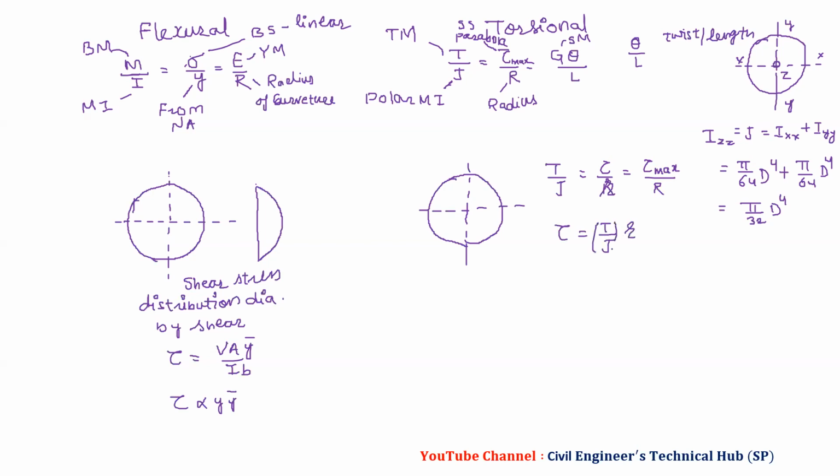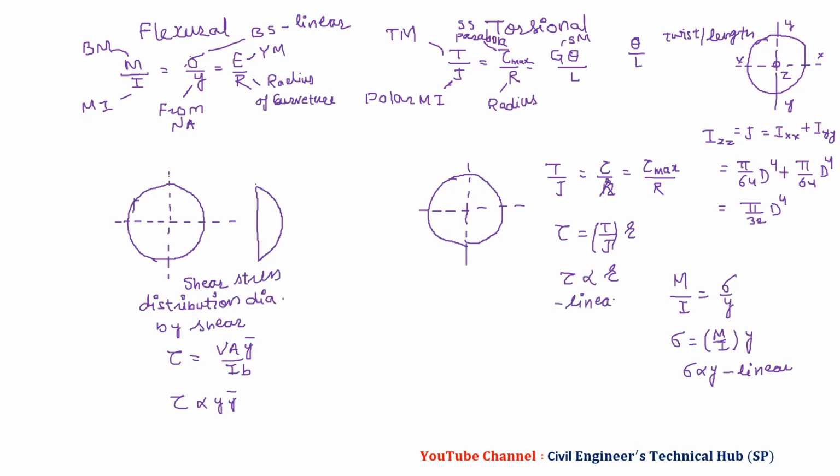Now T by J is constant, and tau is directly proportional to r. Same as M by I is equal to sigma by Y, where sigma is equal to M by I into Y, so sigma is directly proportional to Y, so linear. And here we have the same fashion, that is linear.